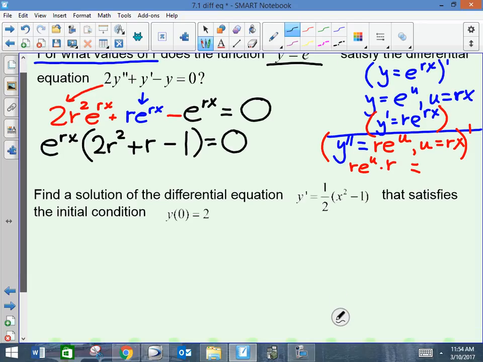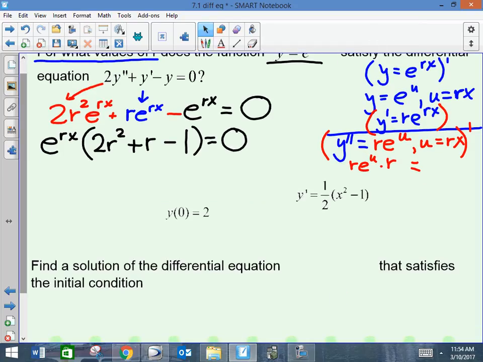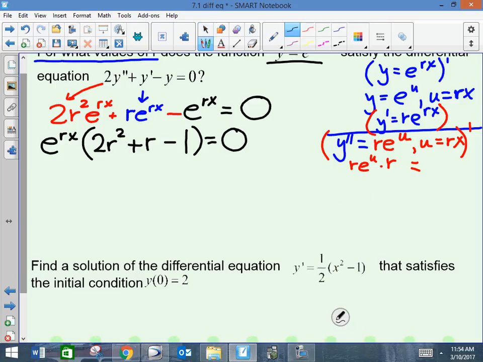Okay, sorry. All right. Okay, now what? Can we factor this anymore? I believe we can. 2r and r, minus 1, plus 1. Good, Emily. That would give you plus 2r here, minus 1r to give us plus 1r.